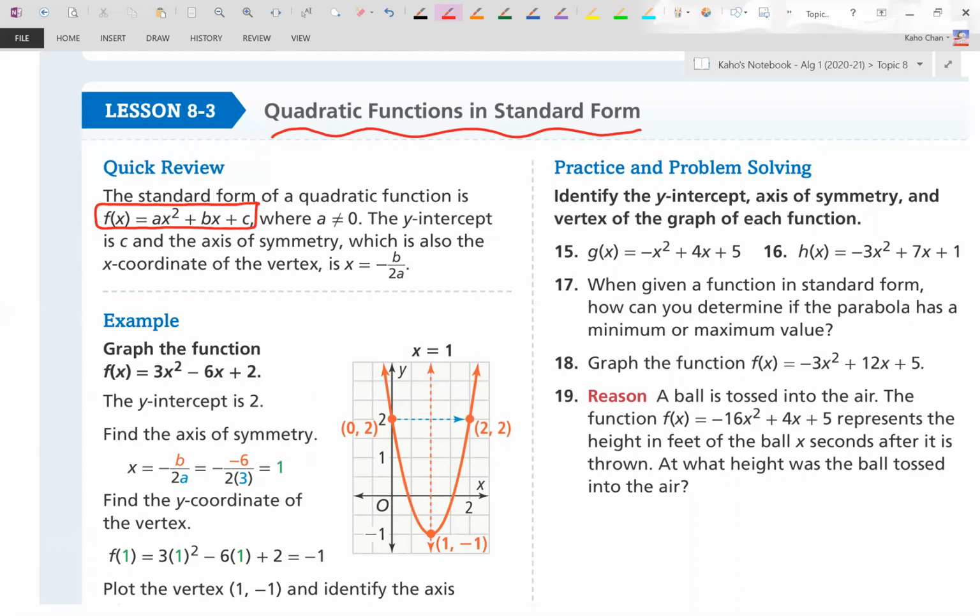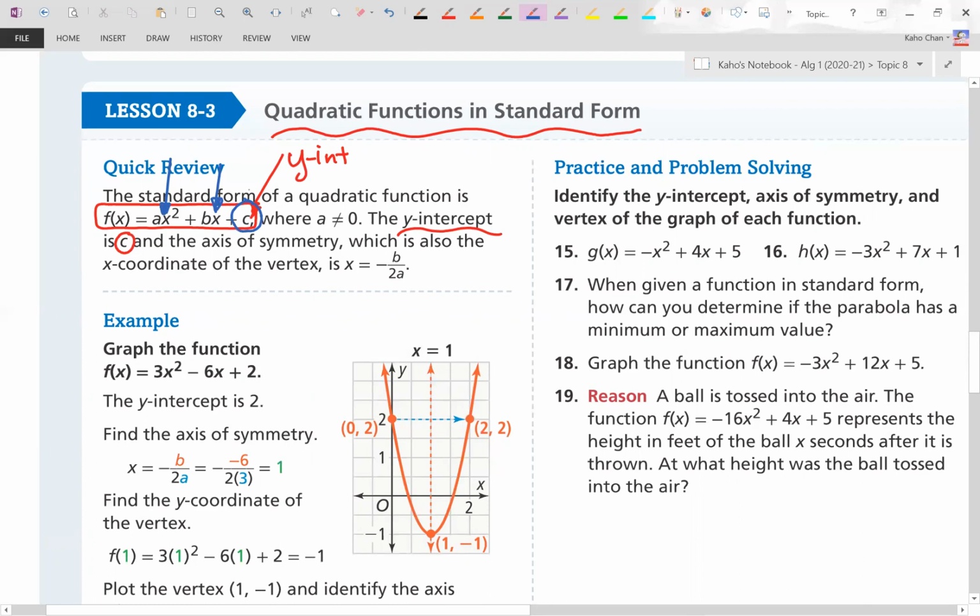I like to look for the y-intercept first, which is the c value. That tells you where it crosses the y-axis. When it crosses the y-axis, x equals 0. Now think about that for a second. When you put in a 0 here and a 0 there, everything disappears except for the c value. Make sense? For the y-intercept, that's why we get that.